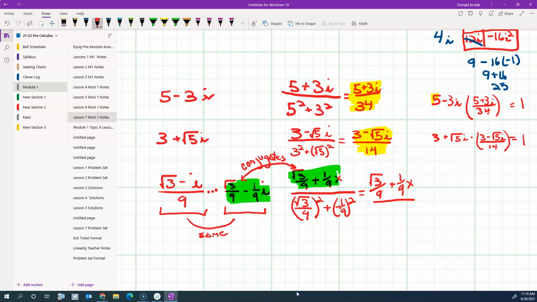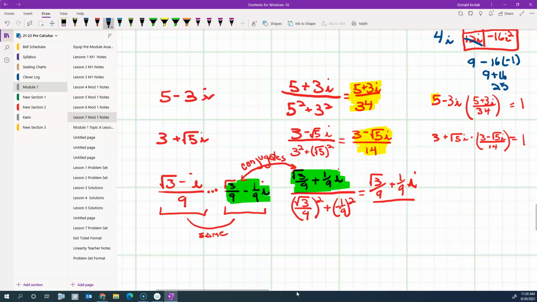Why is there an X? I don't know. It's supposed to be an i. I get so used to x's. Okay, so we got those. There's your complex conjugates. Now let's do the denominator here.